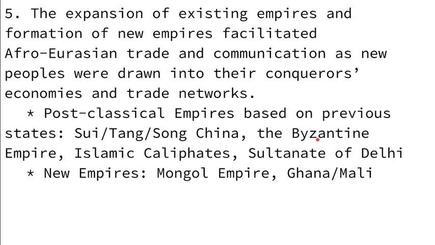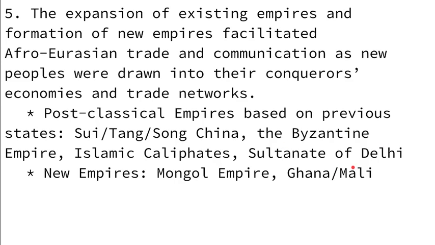The Byzantine Empire and the Islamic Caliphate are going to be looking back at the Romans for their organization. The Islamic Caliphate is also going to look at the Persian Empire to see how they ran things. The Sultanate of Delhi is going to borrow ideas of how to govern from the Guptas, which is the decentralized empire of India during the late classical era.